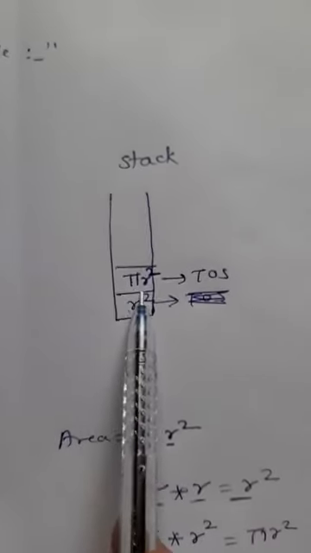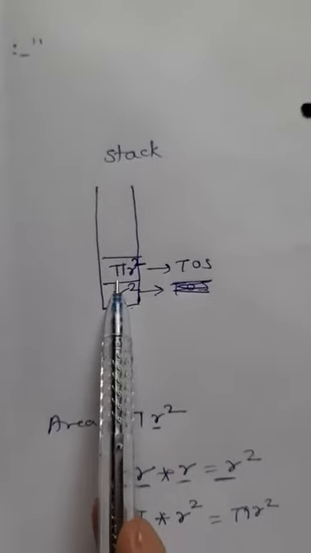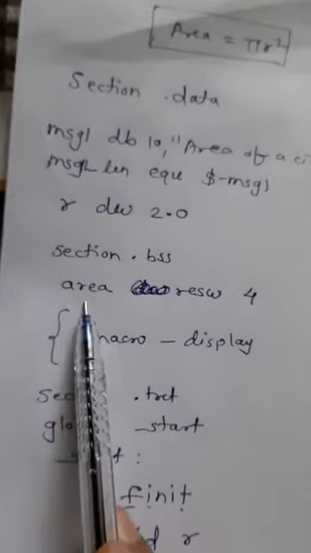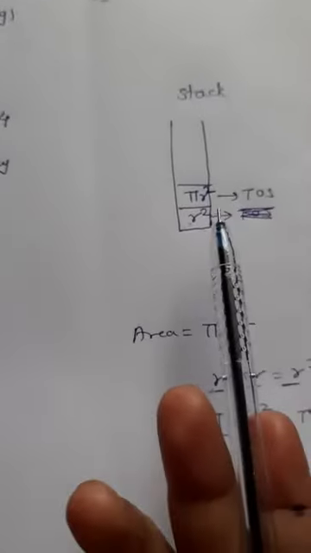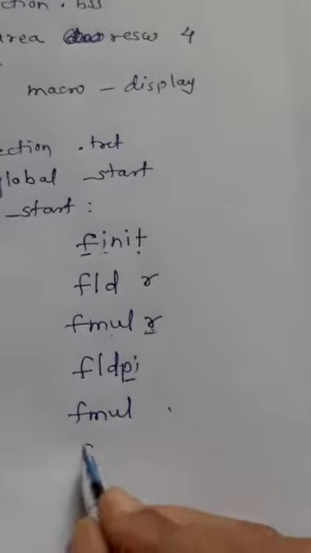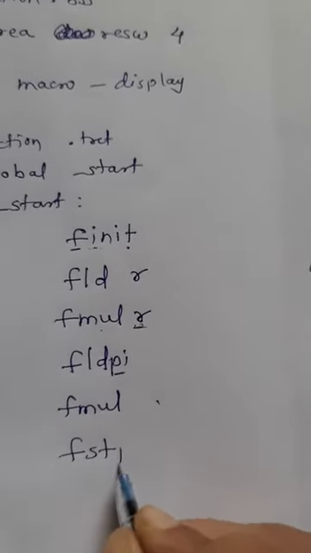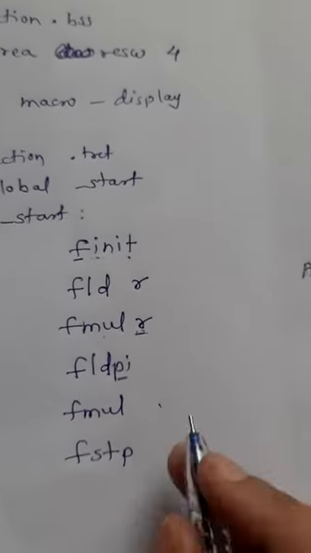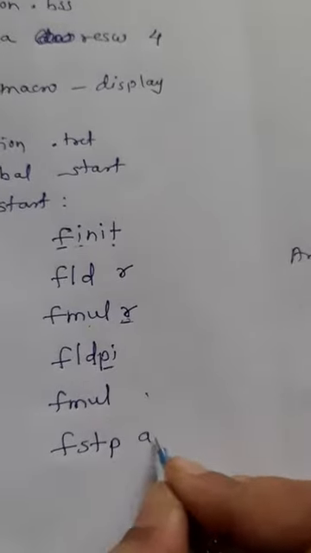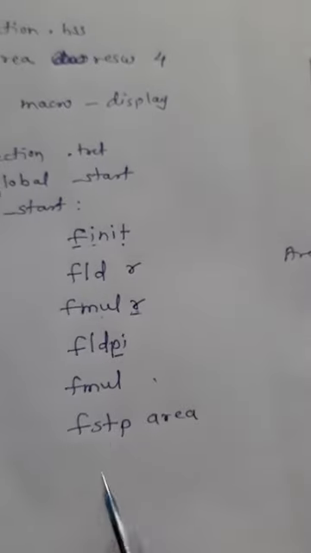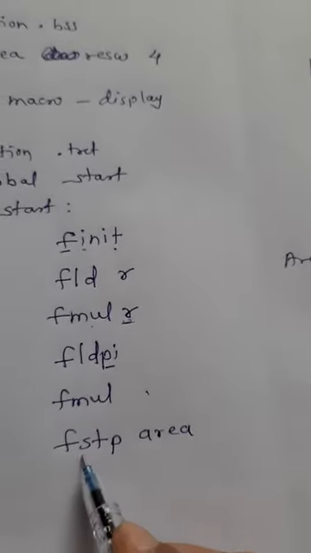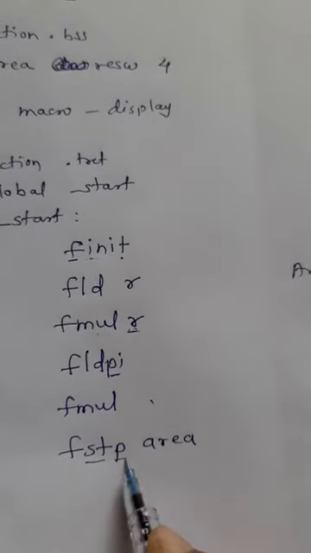We want to take it out and store it into the area variable that we have already declared in section .bss. So now we want to remove the element from the top of stack. For that we have the instruction opposite to load, that is fstp. Where do we want to store it? Into the variable area. Now what will this instruction perform? This is for store, this is for pop.